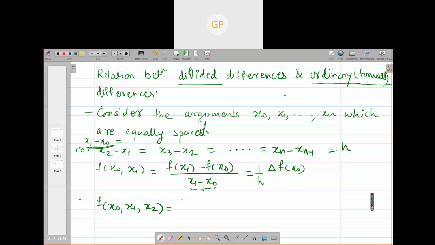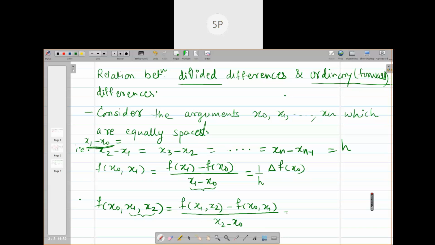We first take the last two arguments: f of x1, x2 minus f of x0, x1, divided by x2 minus x0.